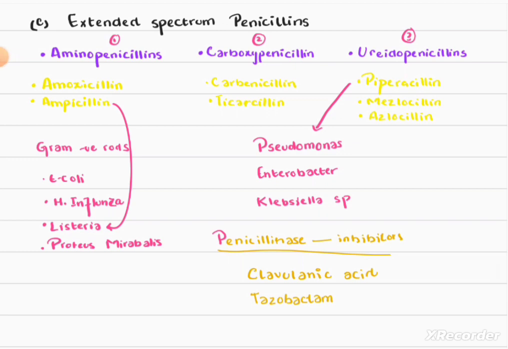The extended spectrum penicillins are used to treat a wide variety of infections, including pneumonia, bloodstream infections, central nervous system infections, and urinary tract infections.